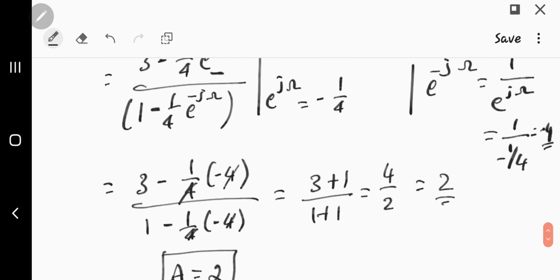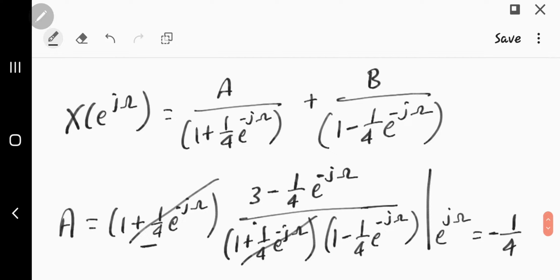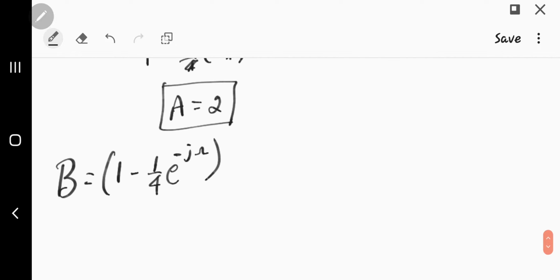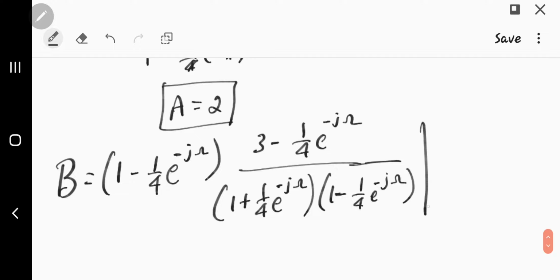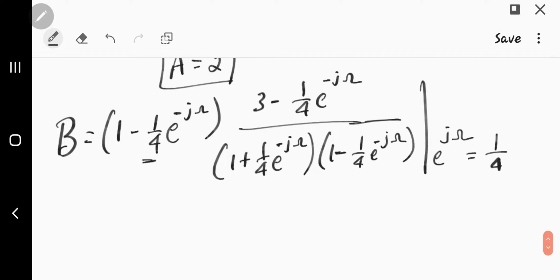The same way, B is equal to 1 minus 1/4 e^(-jω) multiplied by X of e^jω, same thing, (3 minus 1/4 e^(-jω)) divided by (1 plus 1/4 e^(-jω)) into (1 minus 1/4 e^(jω)), and e^jω will take the value of alpha. So the alpha value is plus 1/4 here.